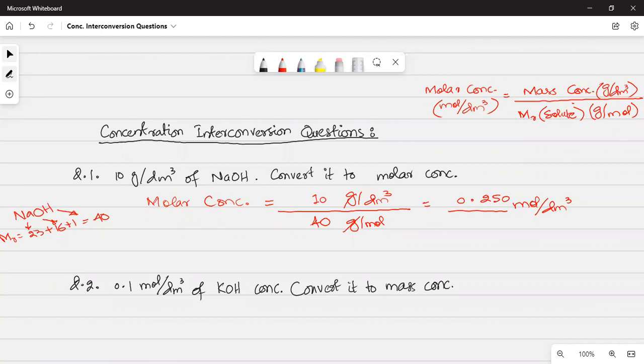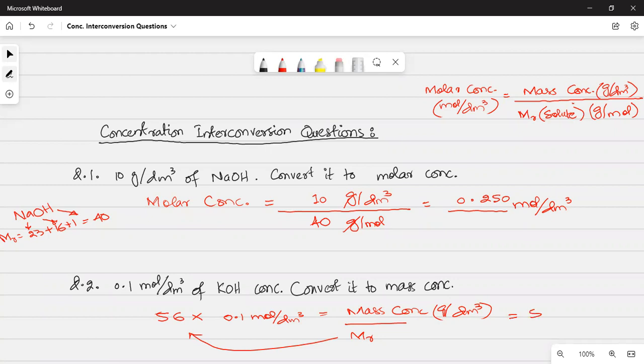Okay, great. And I hope you took this one as 0.1 mole per decimeter cube over here. And then the mass concentration was supposed to be here, in the units of gram per decimeter cube. Now you took the MR onto this side instead of dividing over here. And I hope you calculated it to be 56. That's why your answer is coming out to be 5.6 gram per decimeter cube.